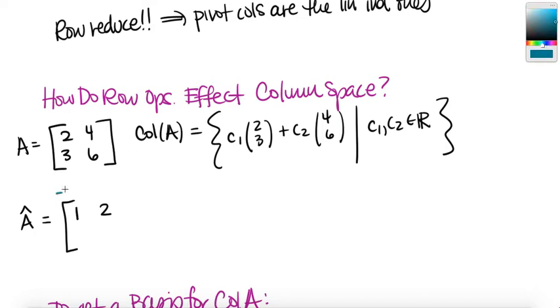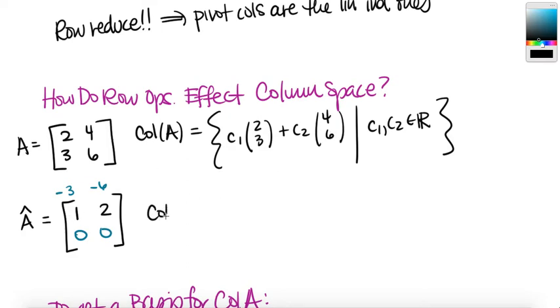We would multiply by -3 and get -3 and -6. Then we would add it and we would get a row of zeros right here. So what this tells us is that the original two columns were dependent, and we can see that (2, 3) is half of the column (4, 6).